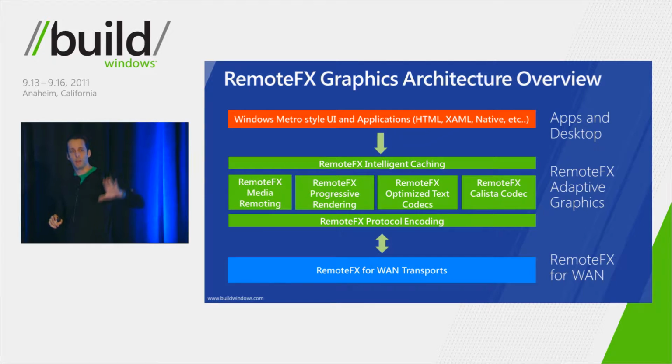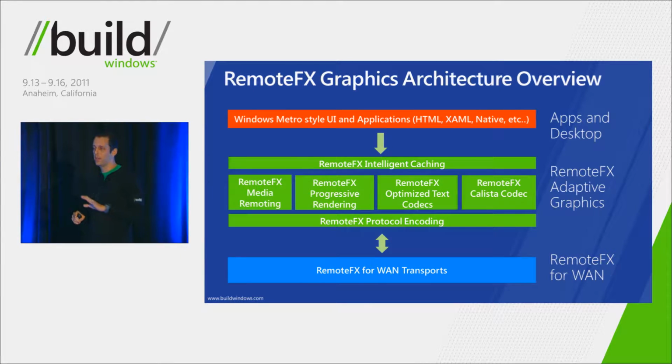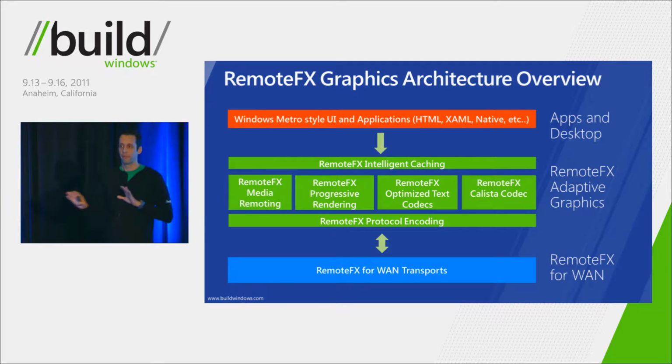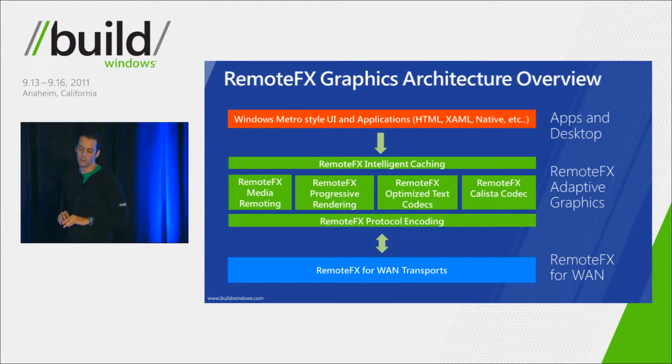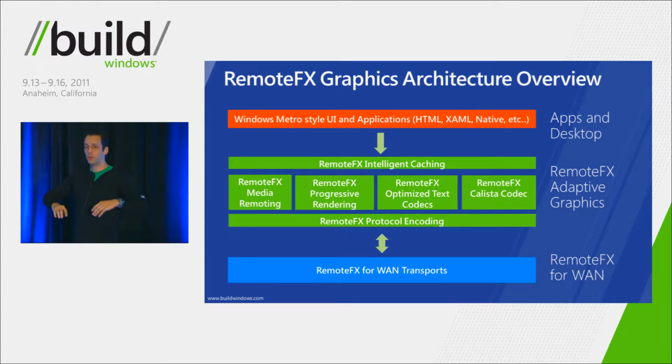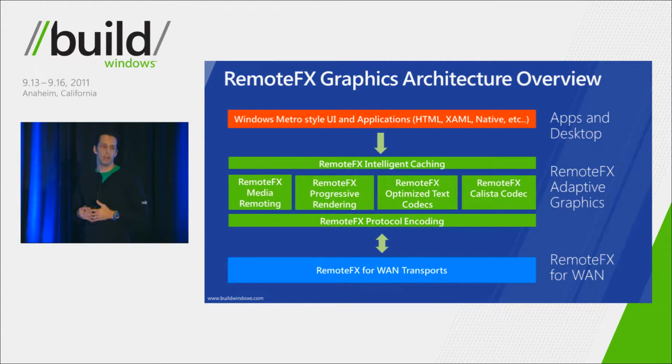First, the job of RemoteFX adaptive graphics is to take the applications and desktop that are running on the Windows 8 system and optimize their delivery for the network depending on whatever the network and CPU conditions are. And so that includes the evolution of all the technologies that were in the remote desktop protocol and RemoteFX to the next level. It includes the latest generation RemoteFX codecs.